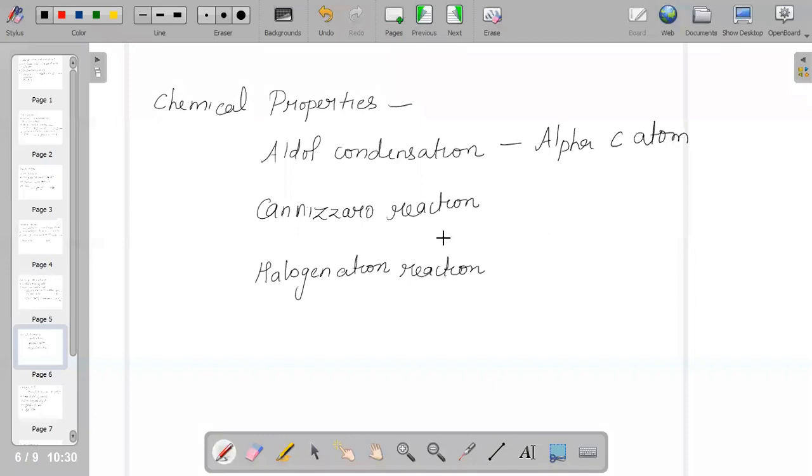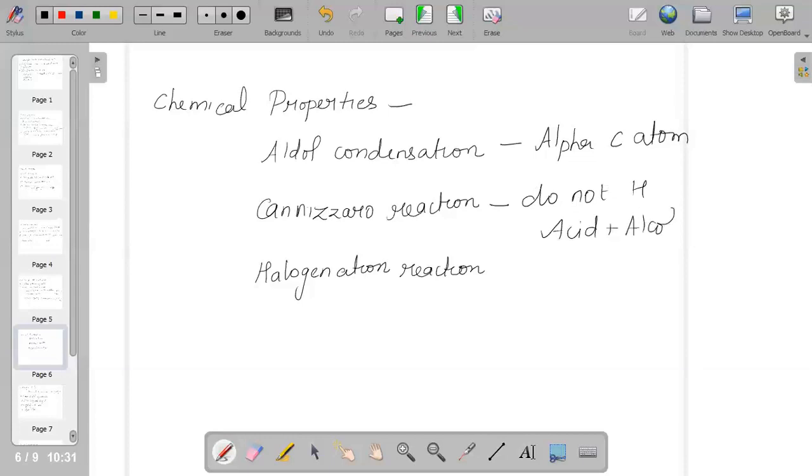And the next reaction is the Cannizzaro reaction. This is basically shown by those which do not have alpha hydrogen, and in this case 2 products are formed, an acid and an alcohol.